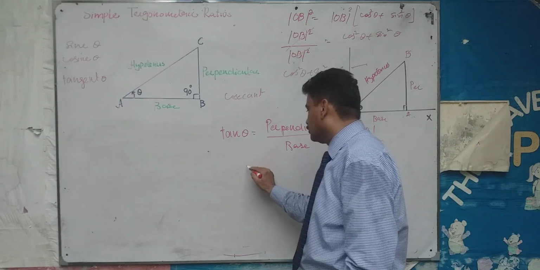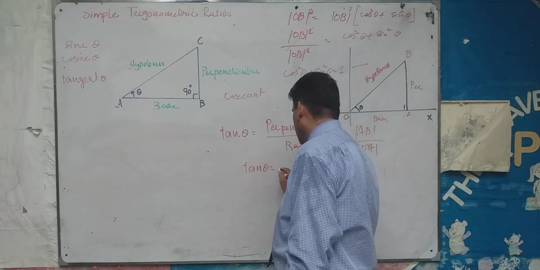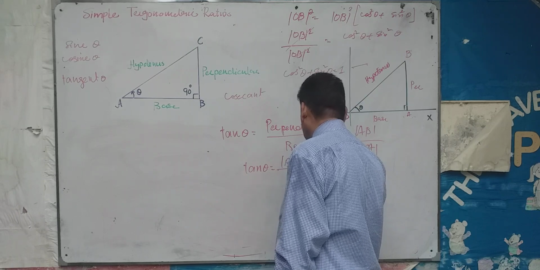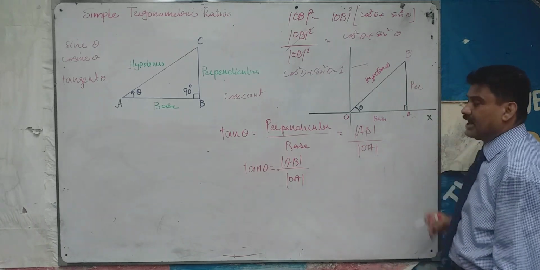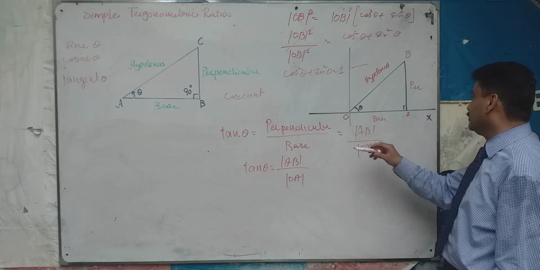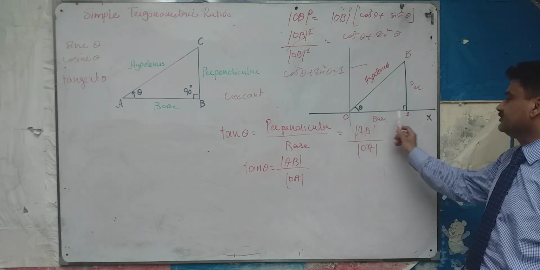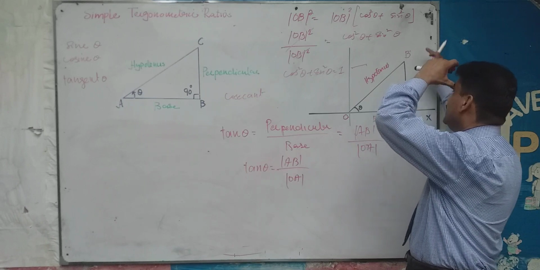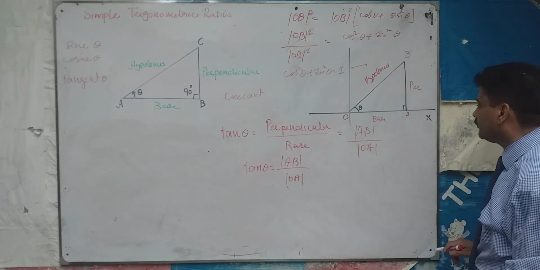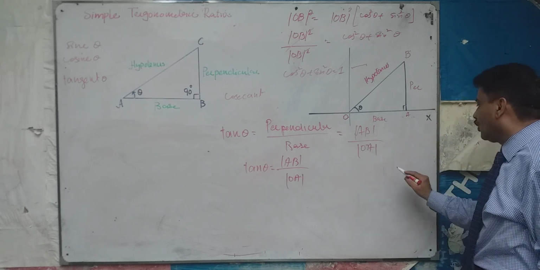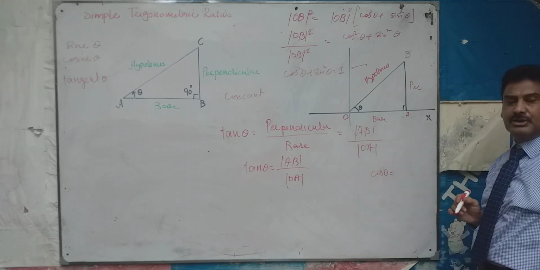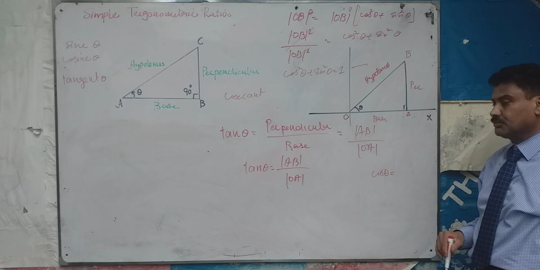Tan theta is equal to AB by OA. In this right angle triangle, since tan theta is the trigonometric ratio between perpendicular and base, we write the value of perpendicular, which is AB, and base, which is OA. We now find the value of AB and OA from this right angle triangle. From this triangle, cos theta is the trigonometric ratio between base and hypotenuse.